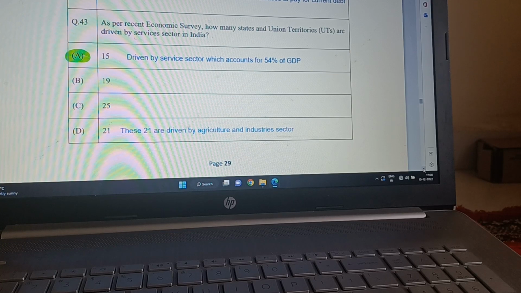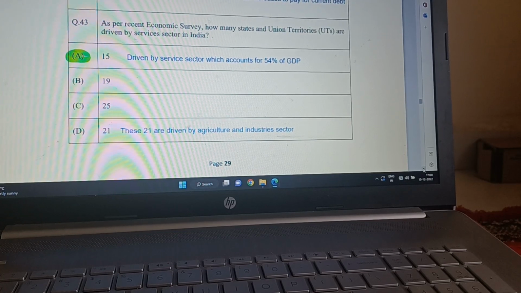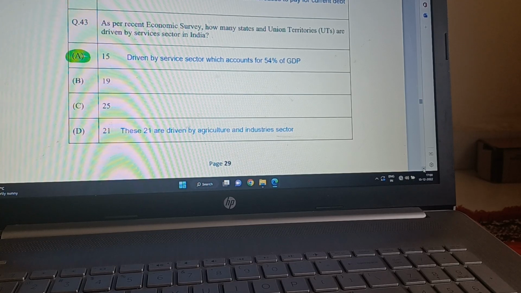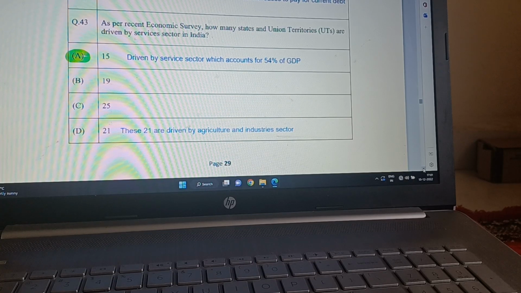Next question is, as per the recent economic survey, meaning you need to keep reading the news, how many states and union territories are driven by the services sector in India? Since the services sector consists of about 54% of GDP, and it is a factual question, it doesn't have any analysis, the answer is 15.